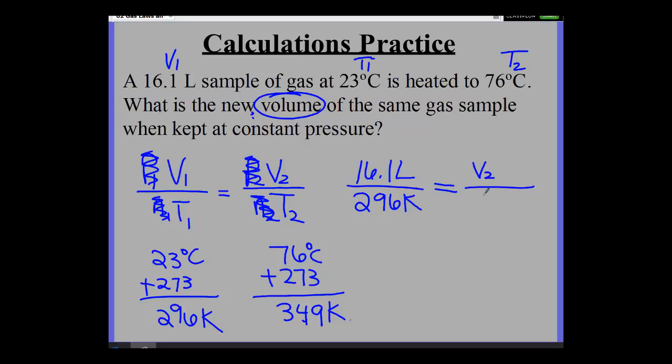So we plug that in. So now it's a lot like math class where you can cross multiply.